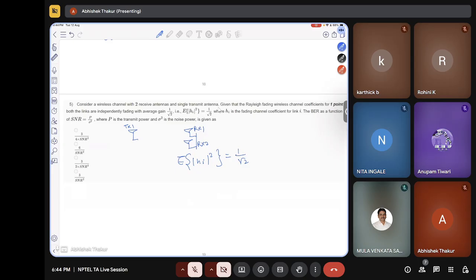Here SNR is given as P by sigma square. We have to find the bit error rate in terms of SNR.